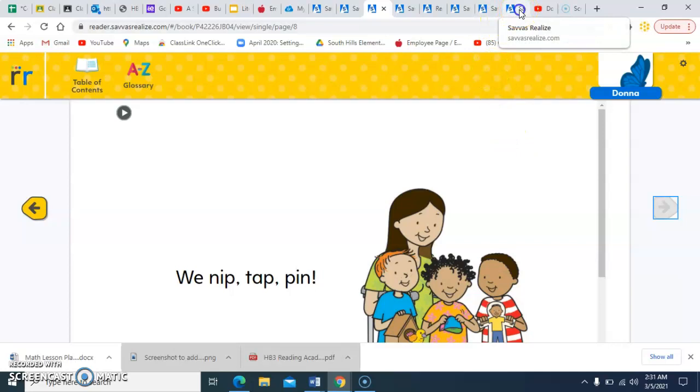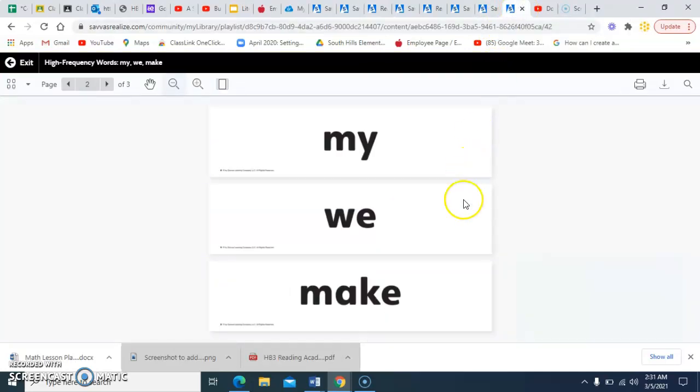And then last thing is our sight word. And just remember this one, my, we, make. And they can also change the first letter. You could change it to B and ask them, what would the word be?